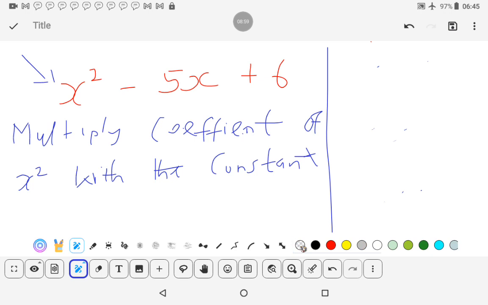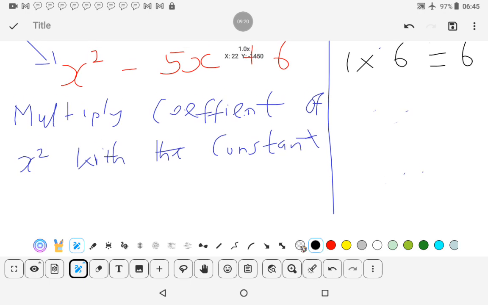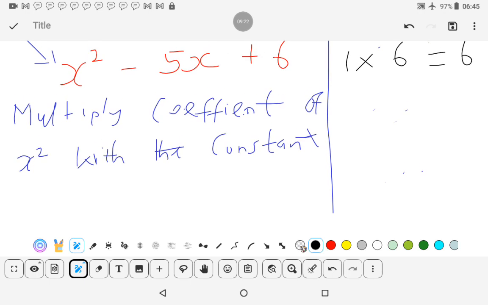So our constant here is 6. So if we multiply 1 times 6, it will still give us 6. It will still give us back 6. So what do we do next?